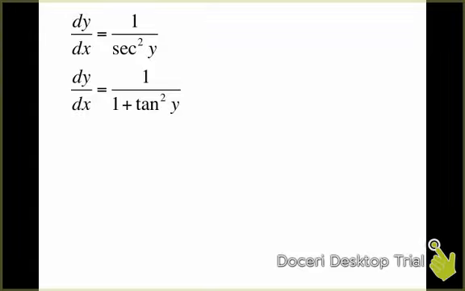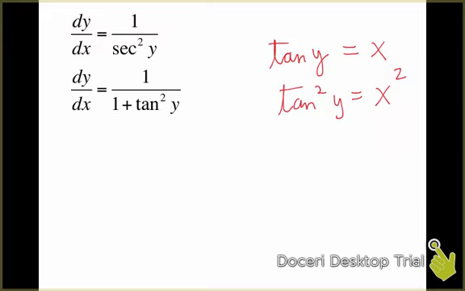So now, back to what we said earlier, where we said we would come back to it. Tan y equals x. So if tan y equals x, then tan squared y equals x squared.